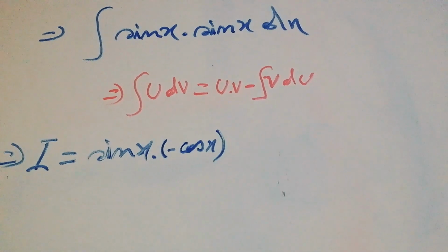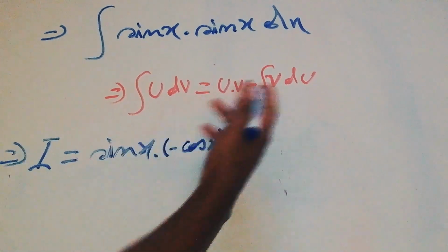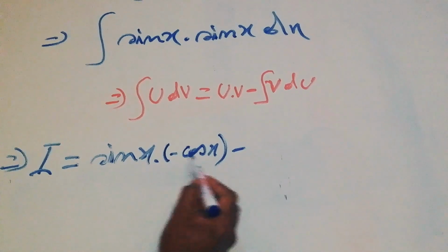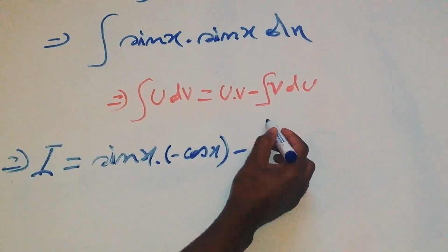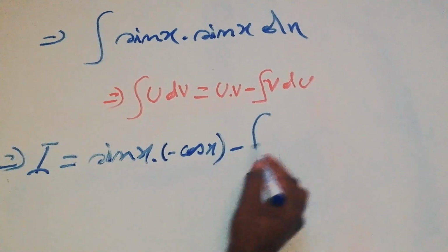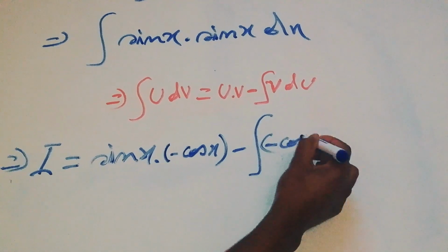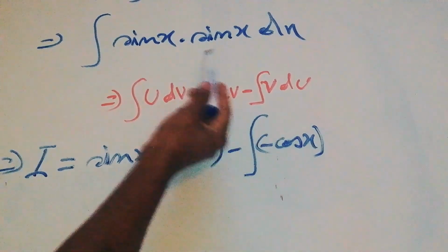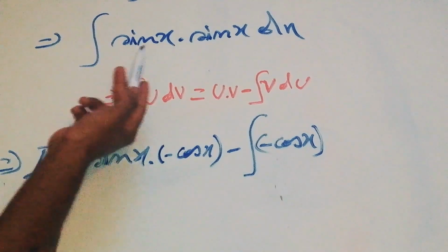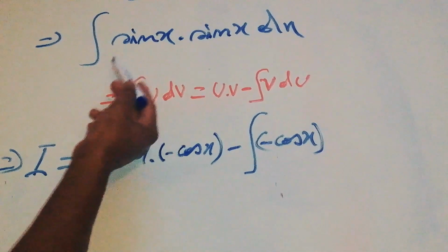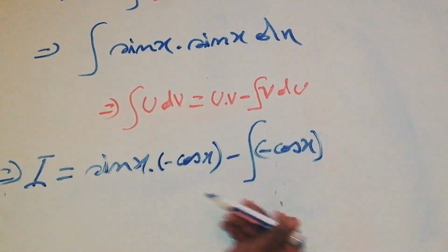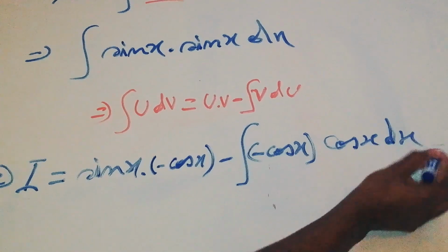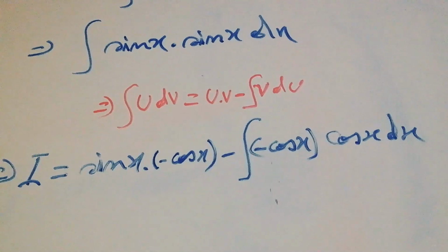Okay, so we get that part there, then we need to carry on. So minus v now, which is this part, minus cos x du, and remember u was sin x at first, so the derivative of sin x is cos x dx. Okay, so we have that part now.